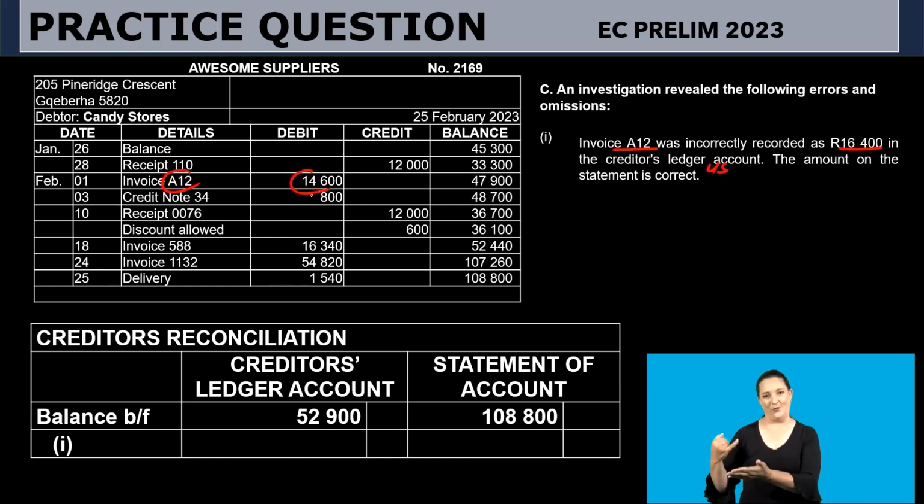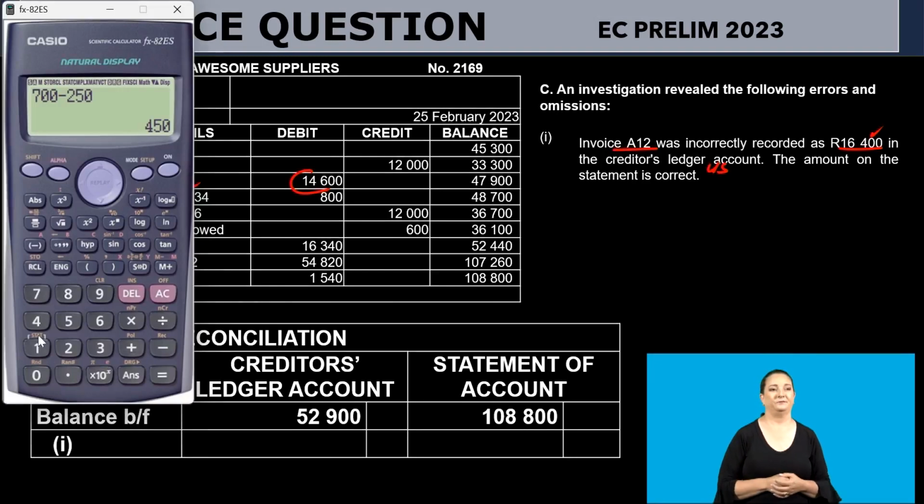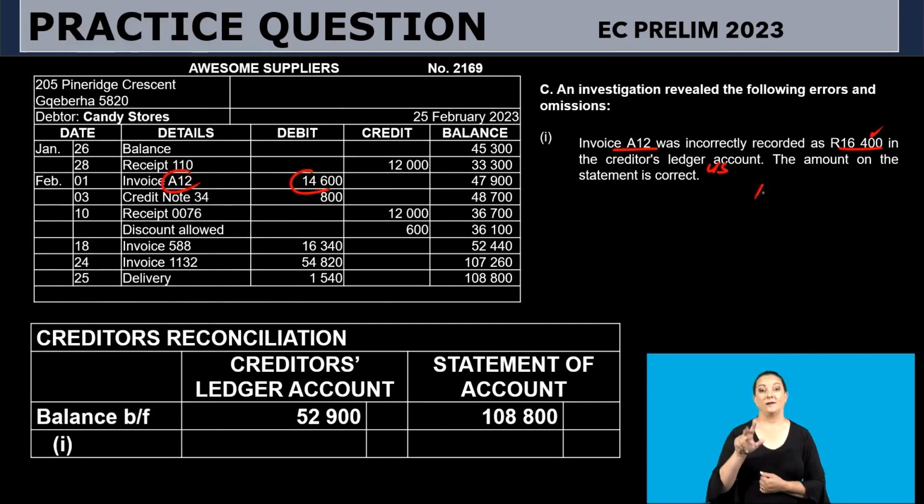Okay, so we recorded 16.4. Yet the amount on the statement, which is 14.6, is the correct one. So the difference is 1,800. The difference is 1.8. Okay.